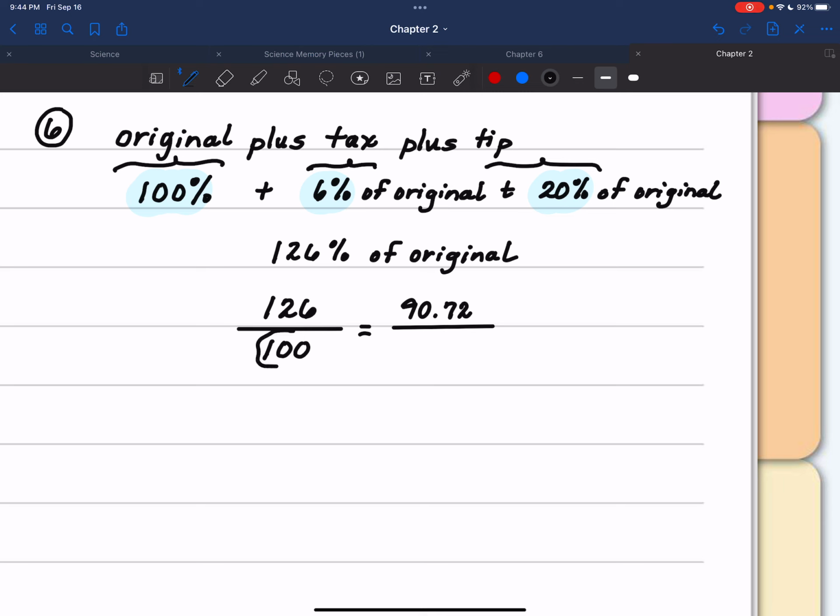So we're going to multiply 90.72 times 100, and then divide that by 126. And that is $72. That's what I was thinking. So this is the answer, if it's there. Yes, B as in boy. That is a tough question, in my opinion.